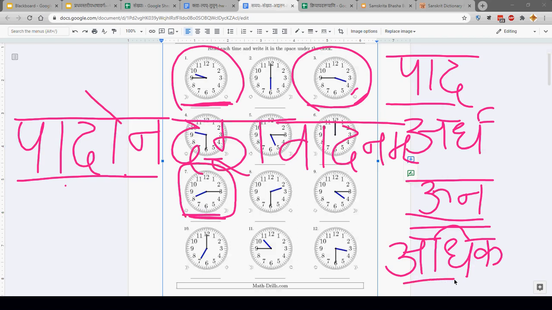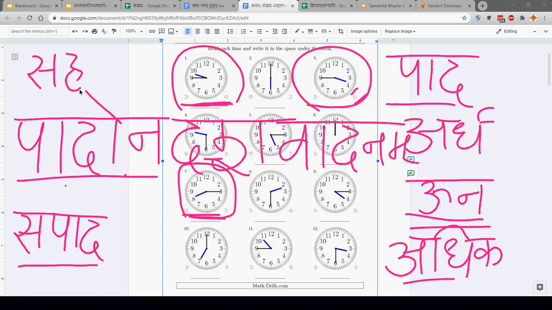So we can use adhika, but it is easier to just use another simple one called sa. Sapada. Sa means with. We have studied saha, right? Ramena saha, balakena saha agacchati. So this saha short form is sa. The sa is with.